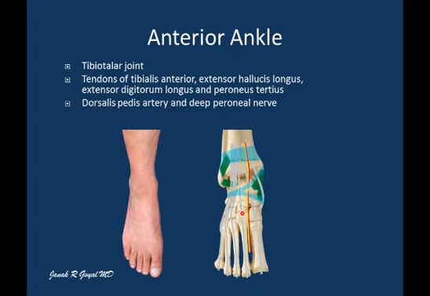A mnemonic for the tendons from medial to lateral is Tom hates Dick. The anterior tibial artery and deep peroneal nerve are located between the extensor hallucis longus and extensor digitorum longus tendons.